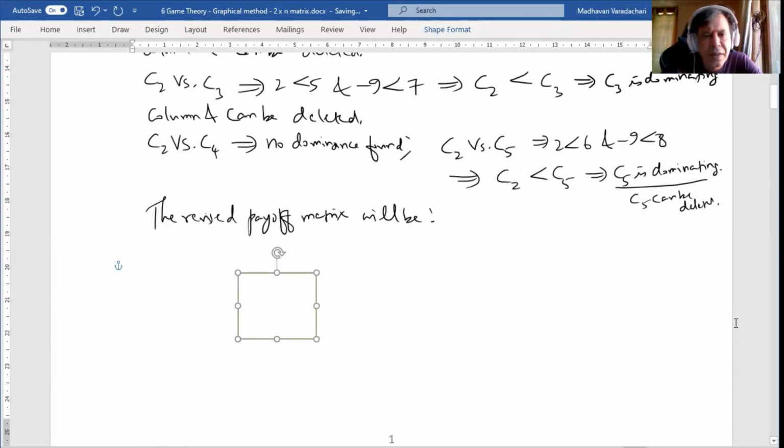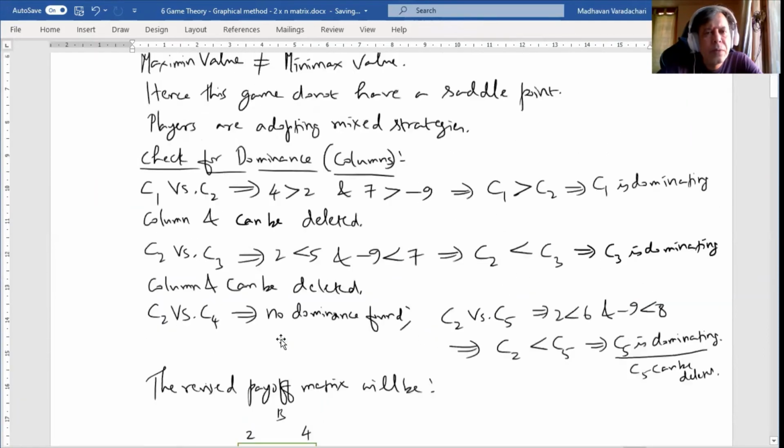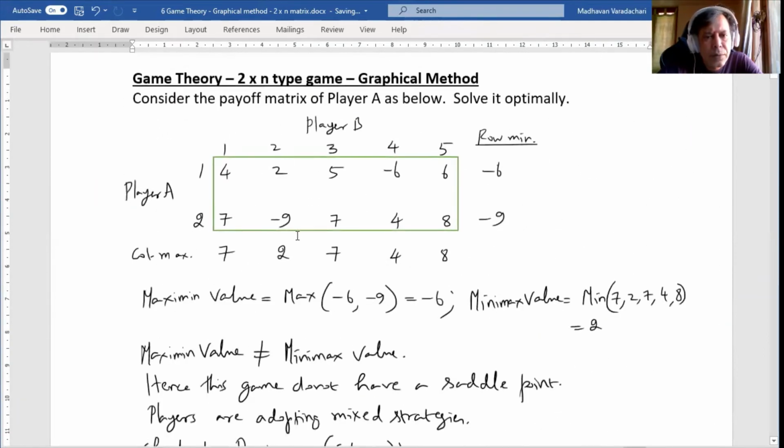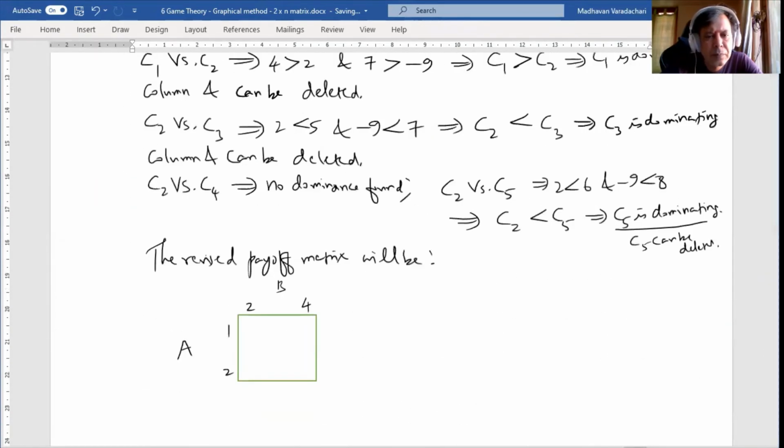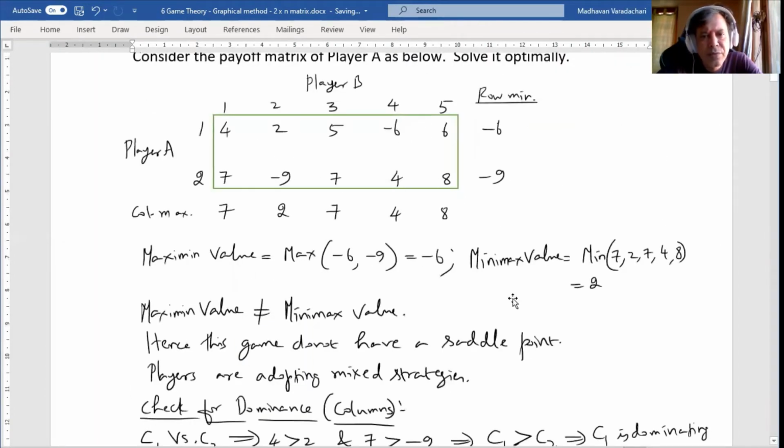C1, C3 and C5. So we will have only the second and fourth strategies for player B. Here we have 1 and 2 for player A. So 1, 2, that is 2, -9, and then for the fourth, -6, 4.